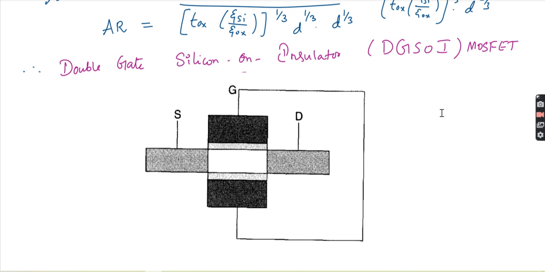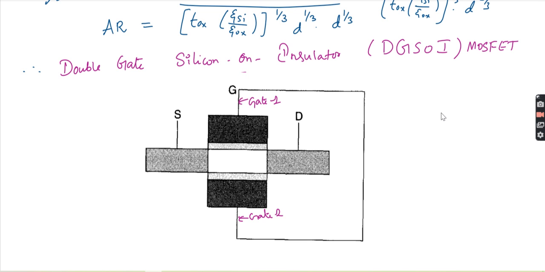This is gate number 1, and this will be your gate 2, correct? So double gate, top and bottom.